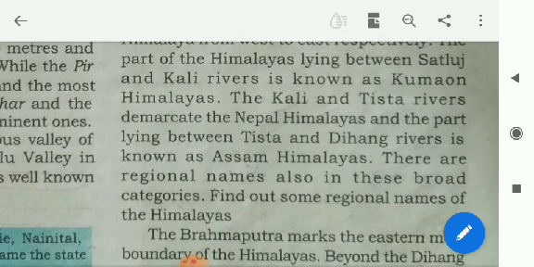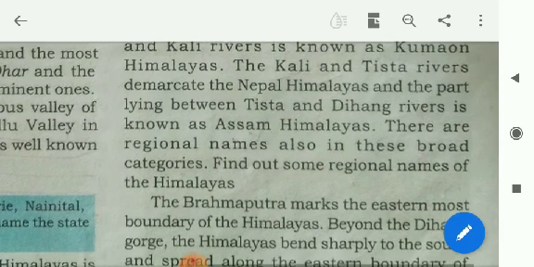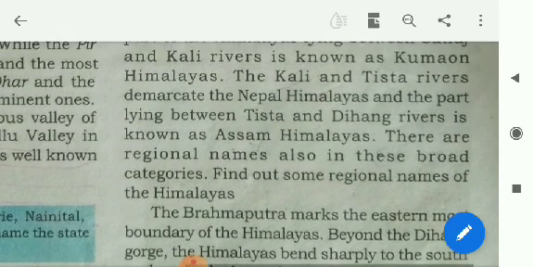The part of the Himalayas lying between the Satluj and Kali rivers is known as Kumaun Himalaya.